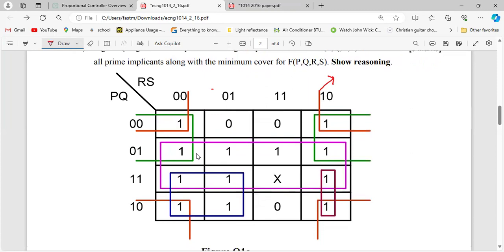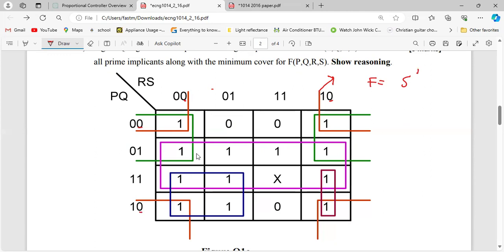So that box kind of fooled them, but it's the same idea. It will still have a vertical and a horizontal piece. So looking at the vertical, this one has a 0 and a 0. So it has an S prime term. The R is not common. And then for the horizontal, looking this way now, this has 0 and 0.